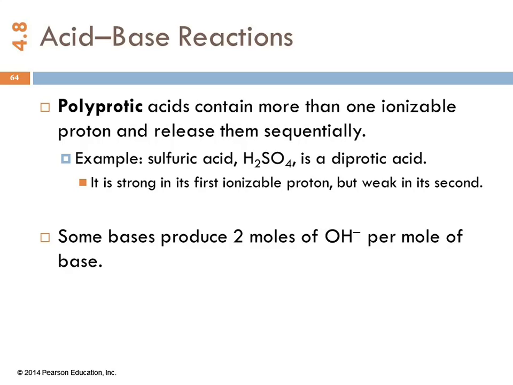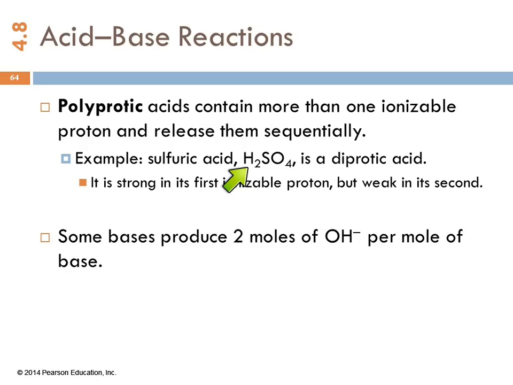So a polyprotic acid is one that has more than one acidic hydrogen ion on it. They contain more than one ionizable proton or hydrogen, and they release them sequentially. You can recognize polyprotic acids because instead of just an H up here, they're going to have H2 or even H3. Both of these hydrogens are acidic.